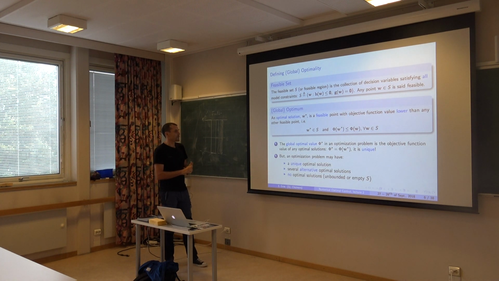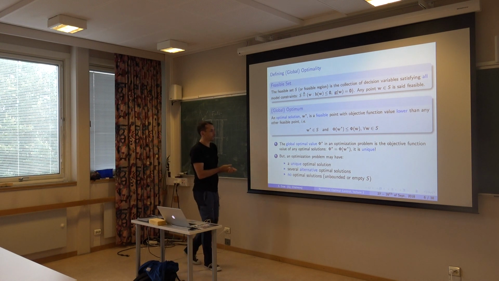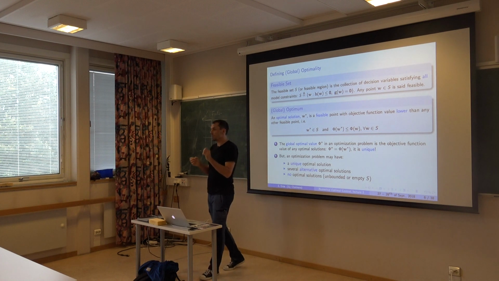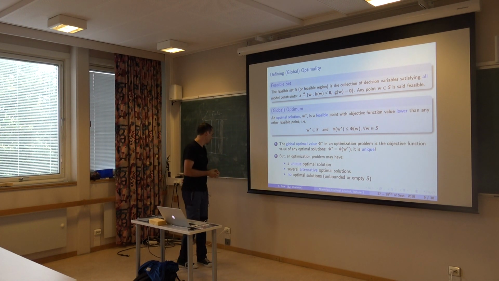So that's an interesting thing. The optimal cost, so really the lowest possible phi that you can get, that's a unique value. You will not achieve more than one. I guess it's quite obvious. However, of course, the W star may not be unique. You may have different points that achieve exactly the same cost.